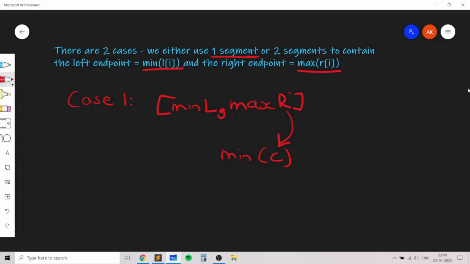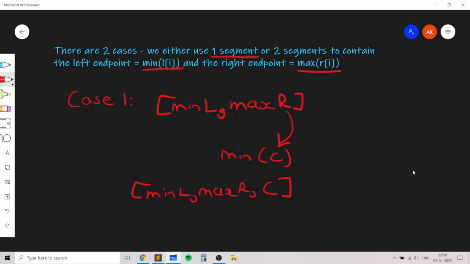Now an easy way to do this would be to notice that we need to store three values: the min L, the max R, and the min C, and the C value for each segment, which we are given in the input.